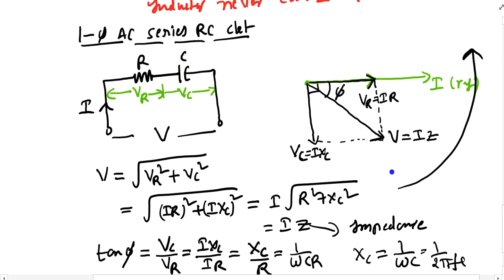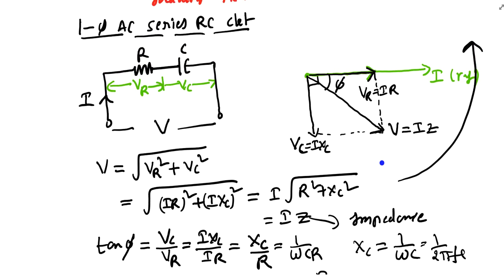Okay, and if you want to see the relation between your supply voltage and this current, if it is the RC circuit, then I can say that your voltage lags current by phi angle. Otherwise my current leads voltage by phi angle. You can say in case of RC circuit, my supply voltage lags this current by phi angle, otherwise my current leads this voltage by phi angle.